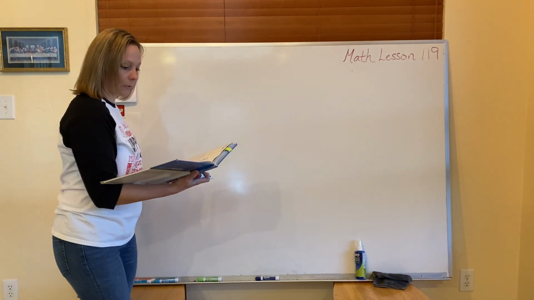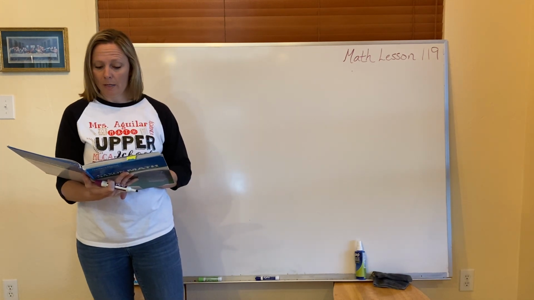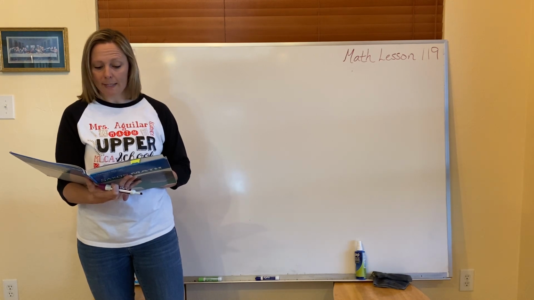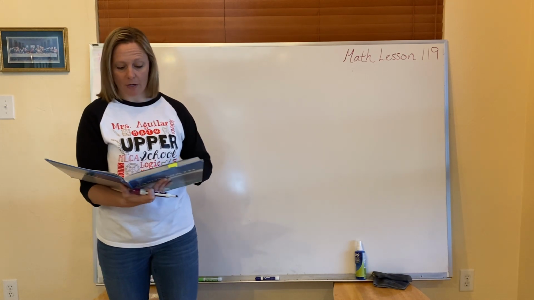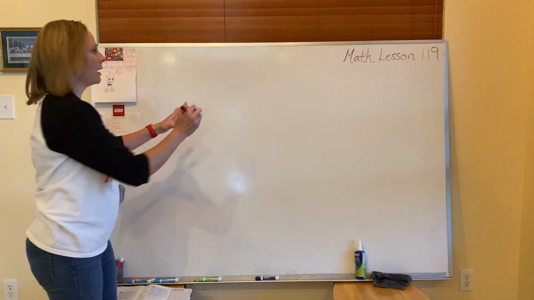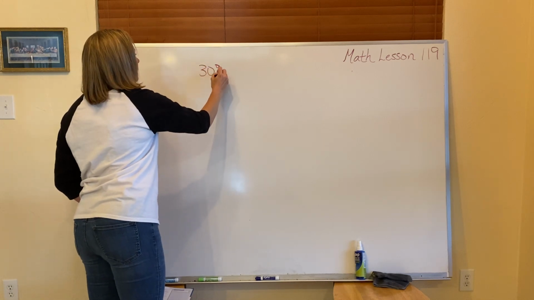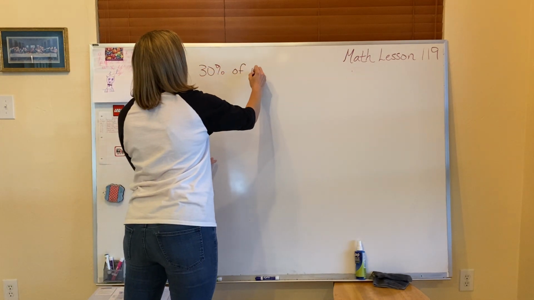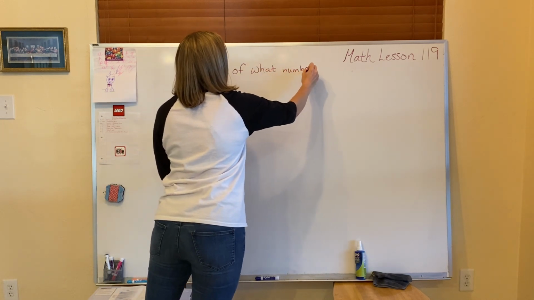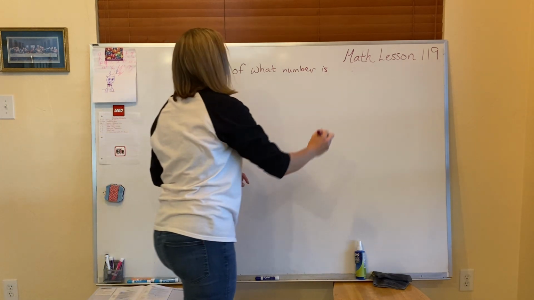30% of what number is 120. Find the answer by writing and solving an equation. Okay, so we're going to write it out in English: 30% of what number is 120.